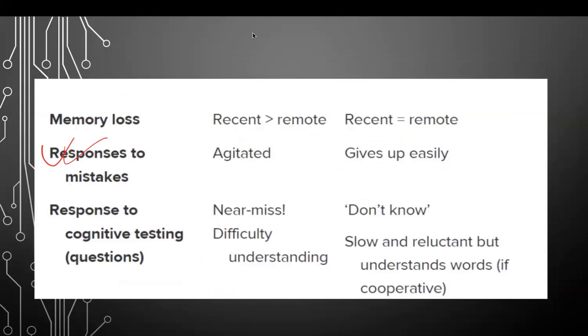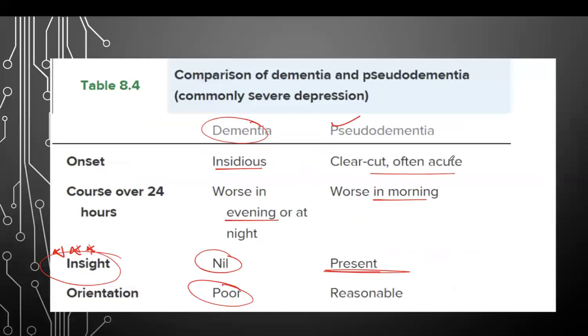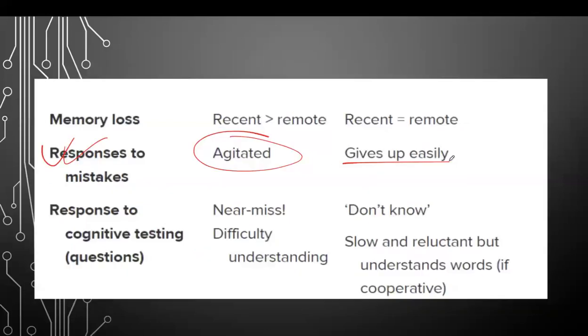If a dementia patient makes any mistake during the MMSE, they will be very agitated and angry because they want to make a high score. Whereas in pseudo-dementia, they don't care about any score, so they just give up easily, and they don't become agitated or frustrated if they make any mistake. Okay, so these are the ways to differentiate between dementia and pseudo-dementia.